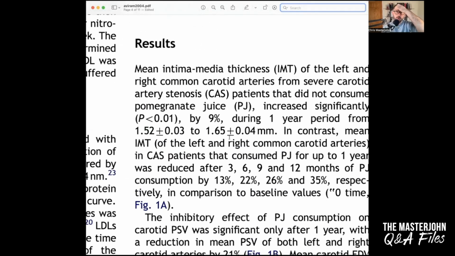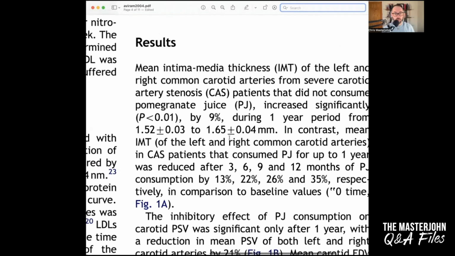Now, one of the things that I look for in these percent change from baseline comparisons is the possibility that regression to the mean affected the results, because regression to the mean basically means if you have a randomly high value, chances are it's going to be lower later. If you have a randomly low value, chances are it's going to be randomly higher later.